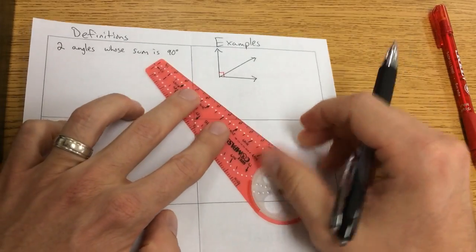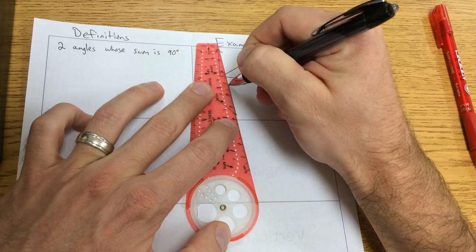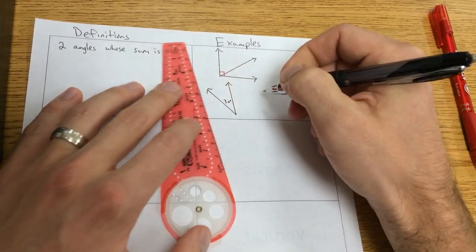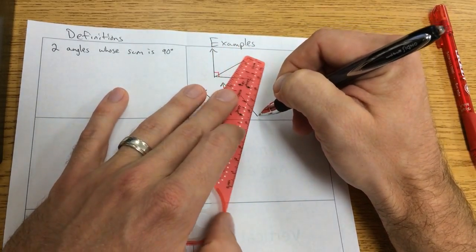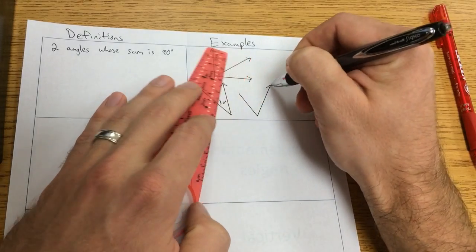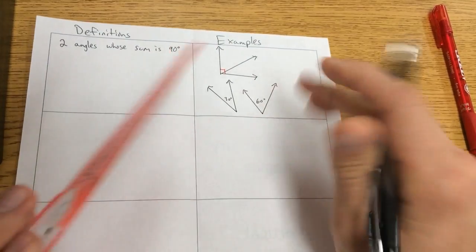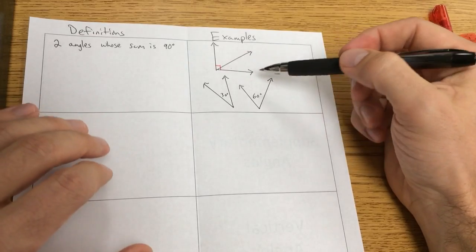Another way you'll see this drawn out is we might just have 2 separate angles. So here's one angle. I'm going to say this angle is 30 degrees, and then another angle, wherever it is, I'm going to say that angle is 60 degrees. Both of those angles are complementary to each other. So two different examples of complementary angles.